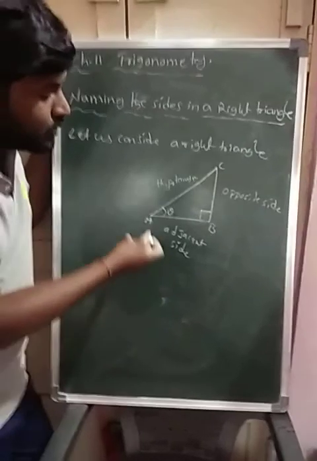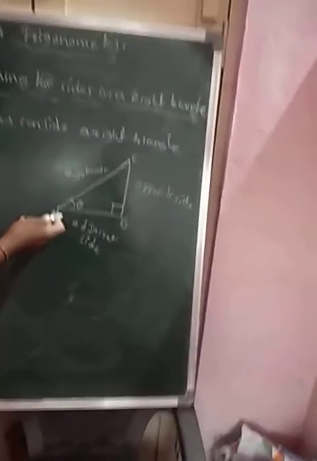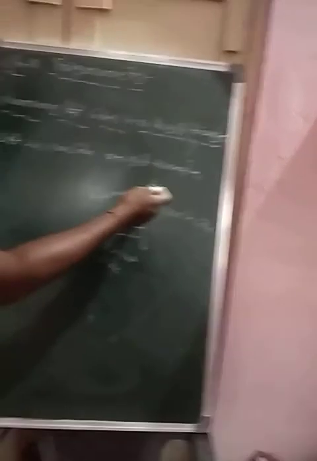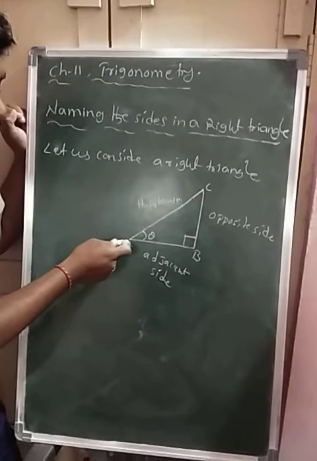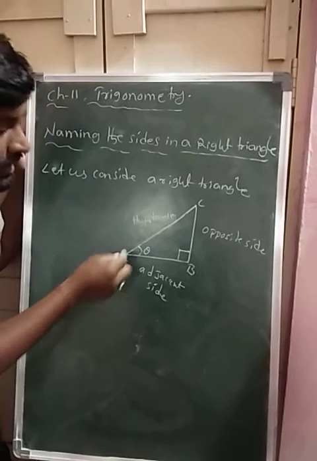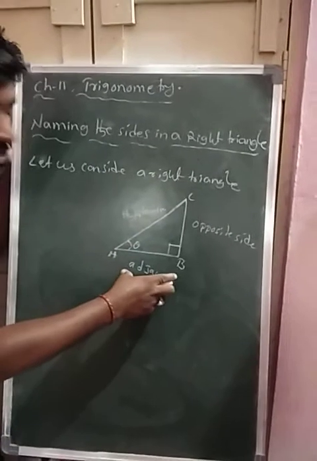With respect to angle A, the opposite side is BC. With respect to angle A, that is theta, the adjacent side is AB.